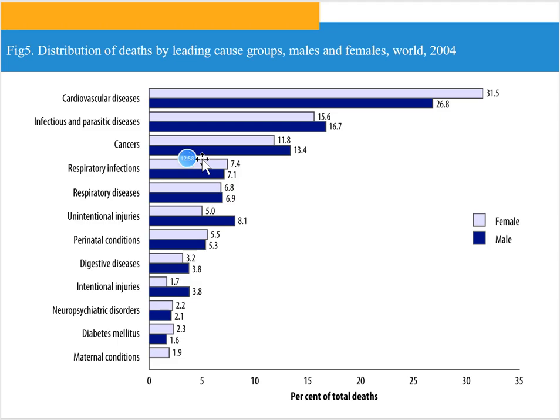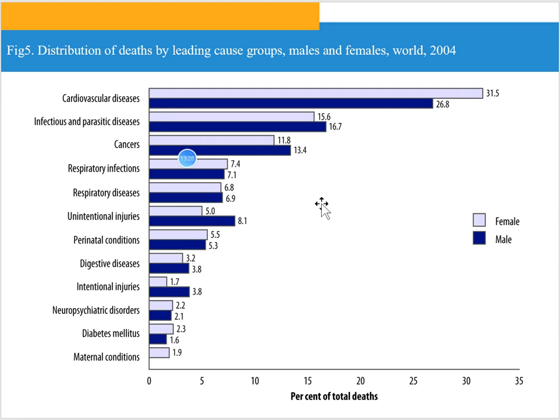Figure 5 is distribution of deaths by leading cause groups, including males and females in the world in 2004. The dark blue is male, the light blue is female. The death rate of cardiovascular disease in females is higher than that in males.